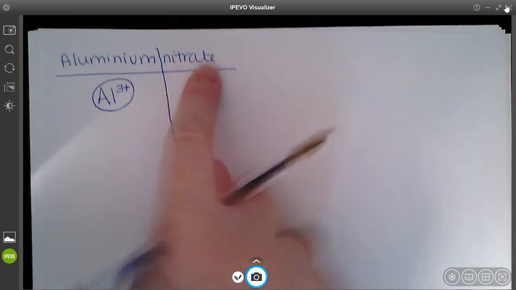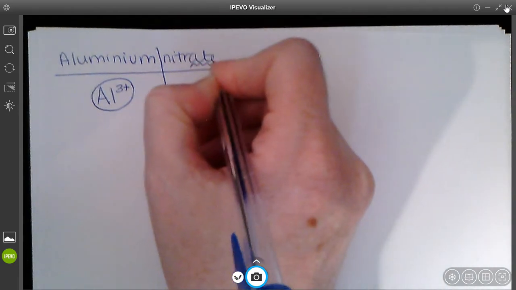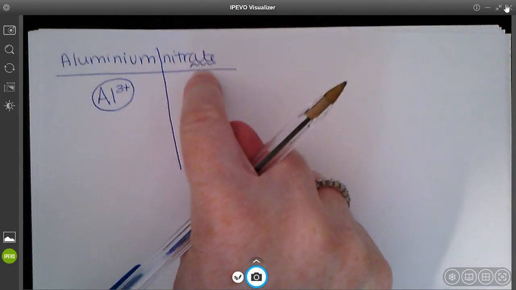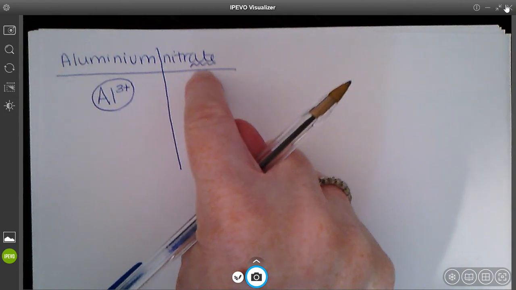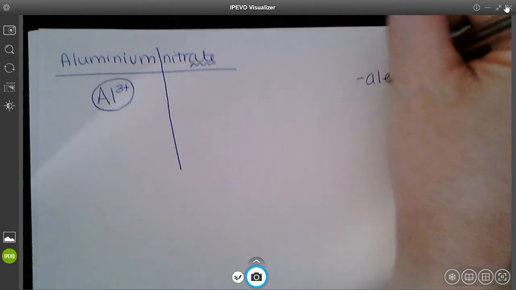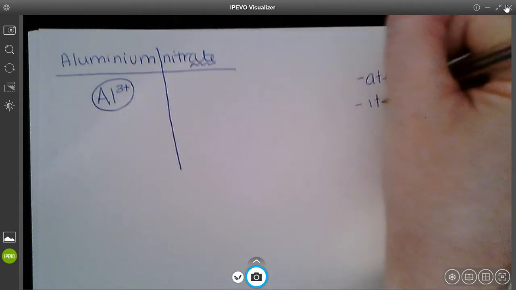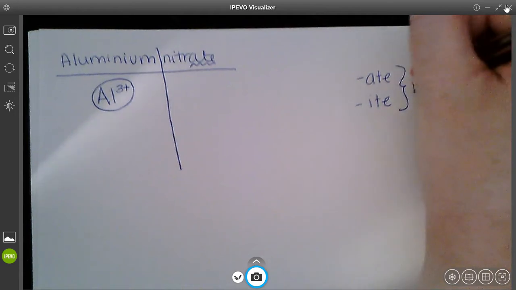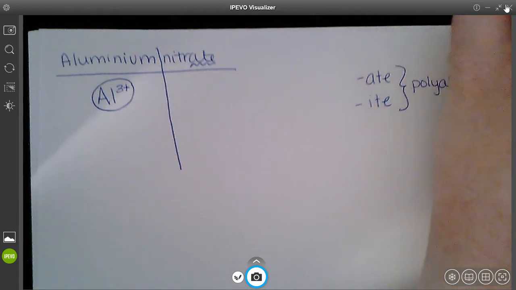Nitrate, the ATE, is a clue to go to your polyatomic ions. So if it ends in ate or ite, ATE, ITE, then you're always going to go to your polyatomic ion sheet. Let's write that. ATE or ITE, this is always a polyatomic ion.